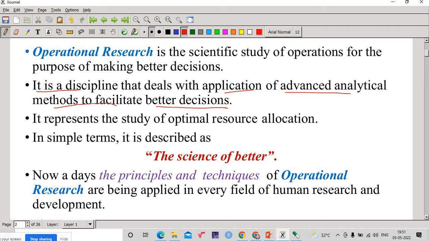So a few of the sectors we can easily identify where random decisions led the institution or organization to a failure path. That we can avoid by applying rational and advanced analytical methods to facilitate the entire organization or the stakeholders associated with it.